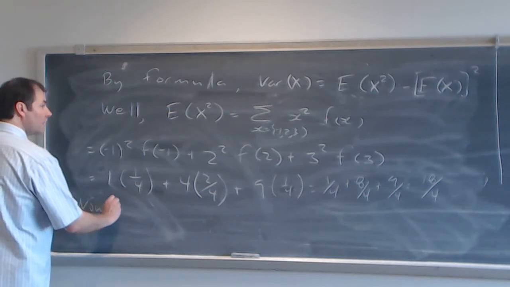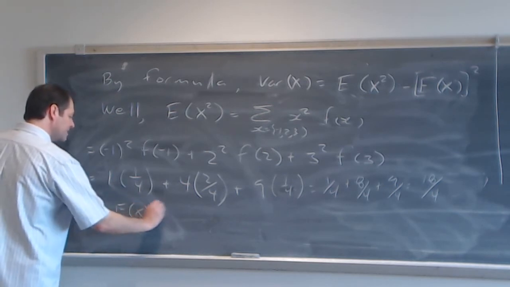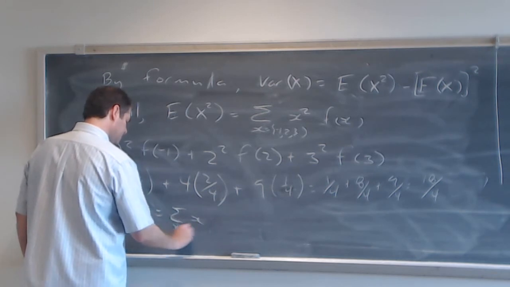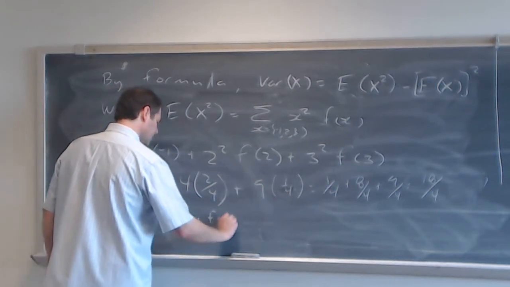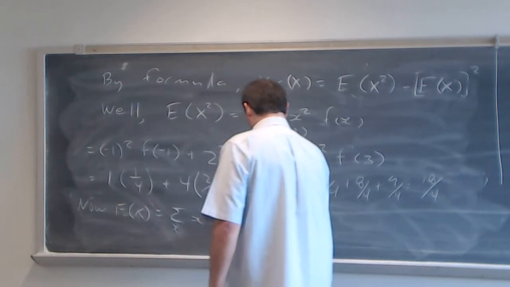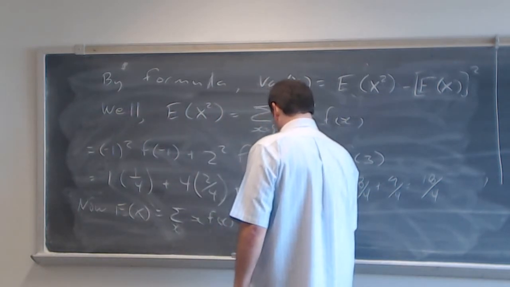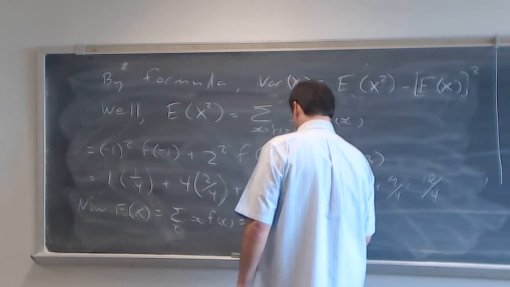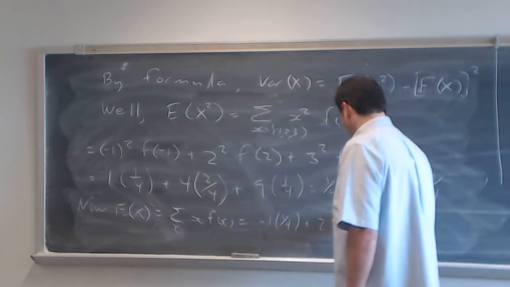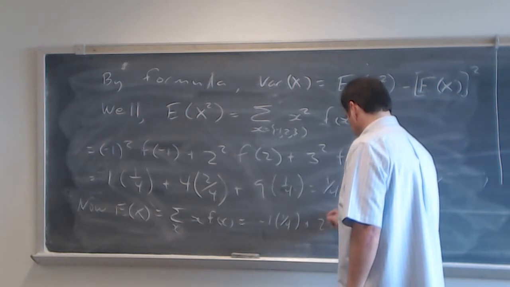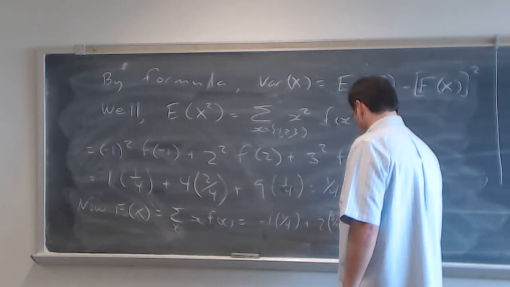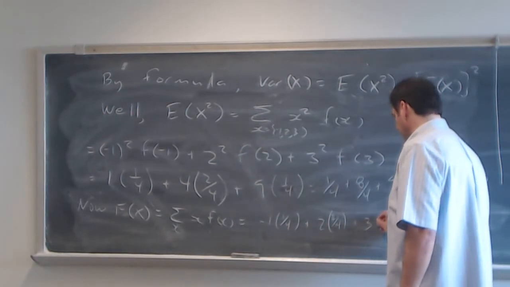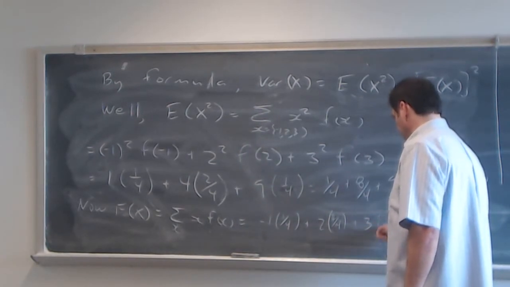Now, the expected value of X, I think we did this before, but let's do it again. It's the sum over all x values of x times f of x. When x equals -1, it's -1 times f of -1, which is 1/4, plus 2 times f of 2. F of 2 is equal to 1/2, so that's 2/4. Plus 3 times f of 3.